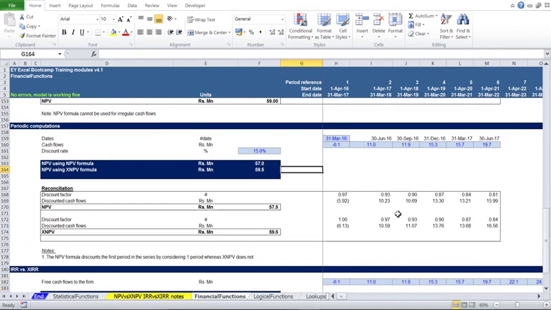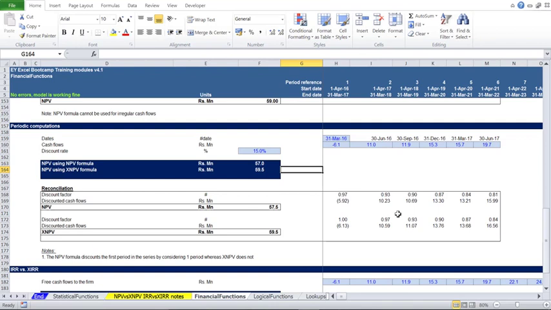In the example before us, we have dates which are quarterly, the cash flows in row 160, and the discount rate in row 161. The NPV function by default calculates NPV based on annual cash flows.